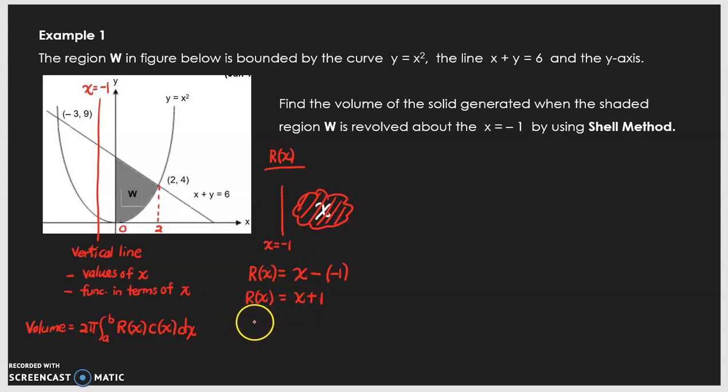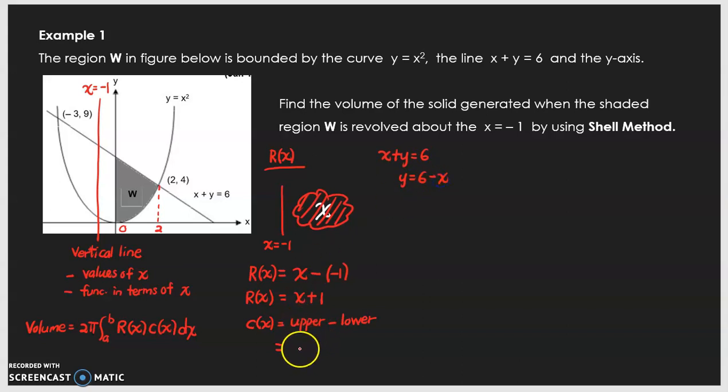So for c(x), it is the upper function minus the lower function. So our upper function is the straight line, which is x plus y is equal to 6. So I have to rearrange: y is equal to 6 minus x.